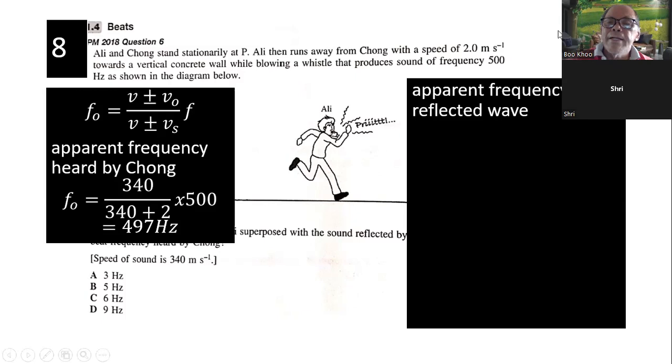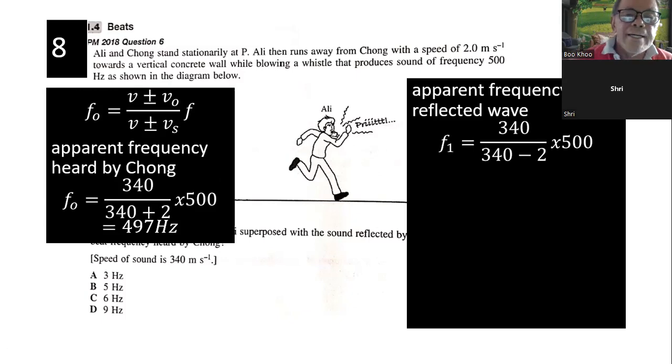And calculate the apparent frequency of the reflected wave. Right? Here we are dealing with the observer, the wall. This one is 0. This is the apparent frequency of the reflected wave.